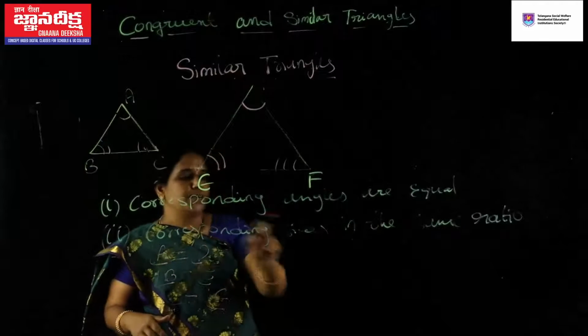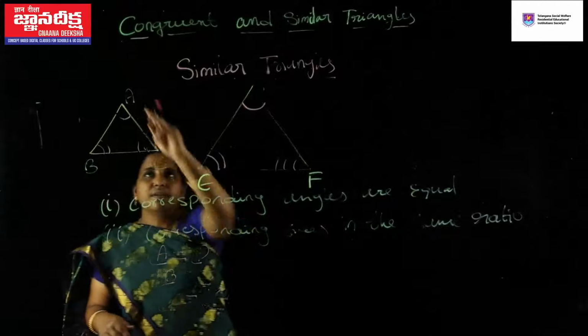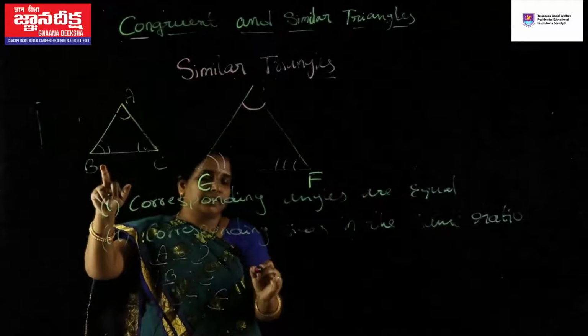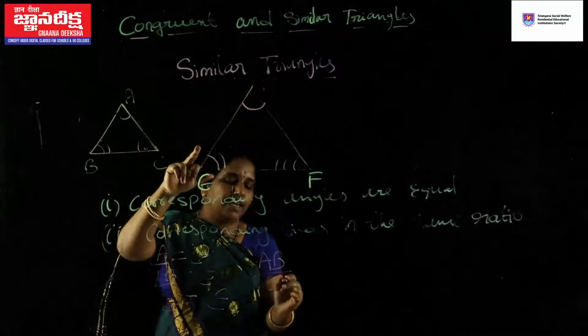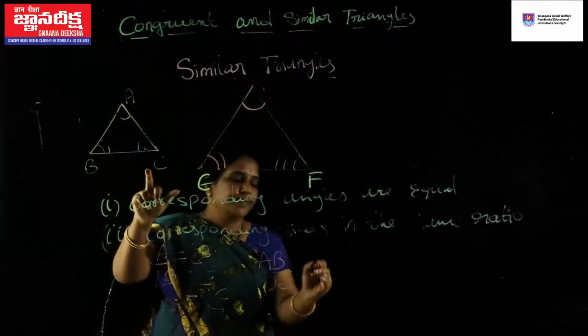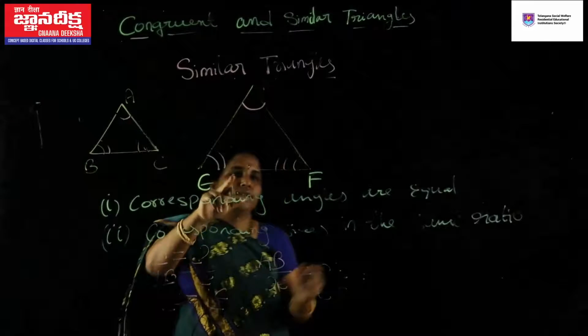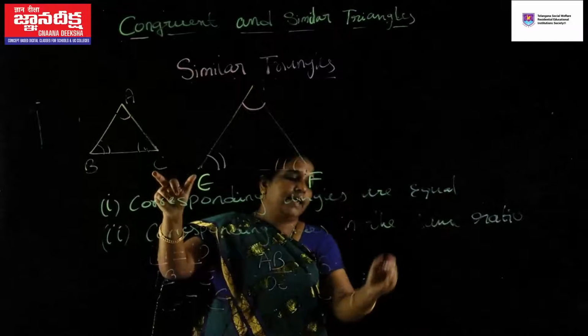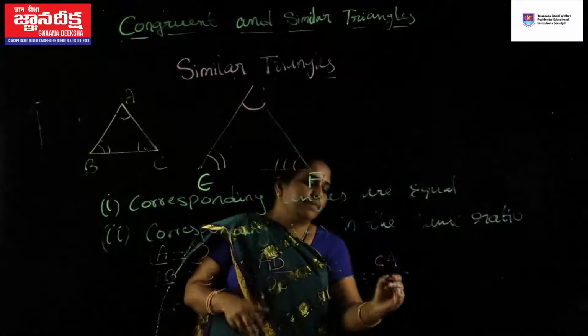Then coming to the second point, corresponding sides must be in the same ratio, or they must be in proportion. Let us write: AB corresponds to DE, right? AB by DE is equal to BC by EF is equal to CA by FD.